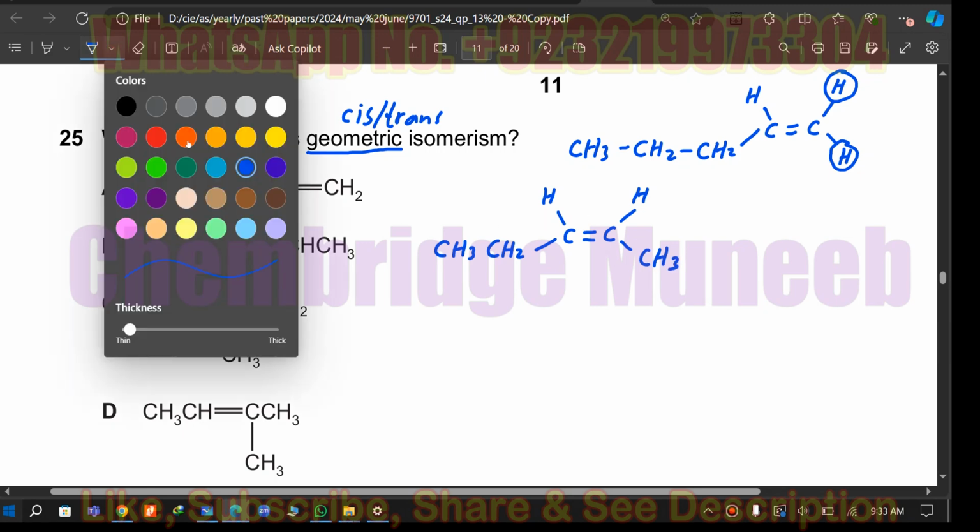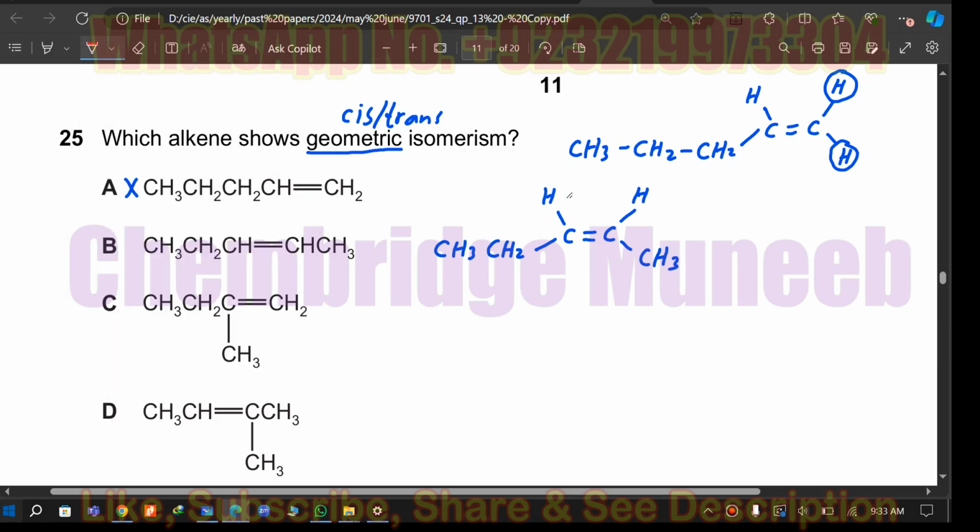Now in this compound we can see that there are two different groups on each side. Although they are different, they are definitely hydrocarbons, and they can be considered as alkyl groups. This is also alkyl, this one is also alkyl. So just because of the similarity, we can see that they are the same kind of groups.